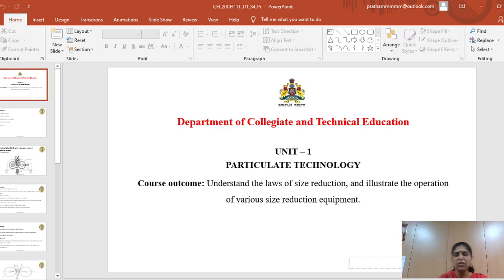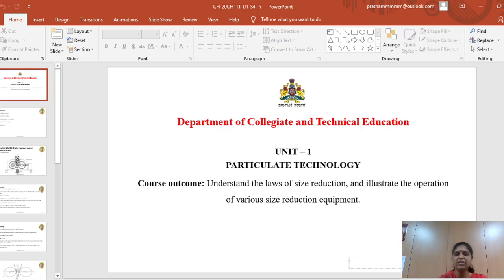In the previous sessions, we have learnt about the size reduction process and the laws of crushing. And in the last session, we have learnt about the two different equipments of the primary crushers, such as the jaw crusher and the gyratory crushers.